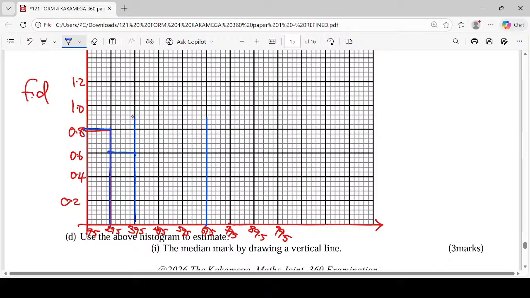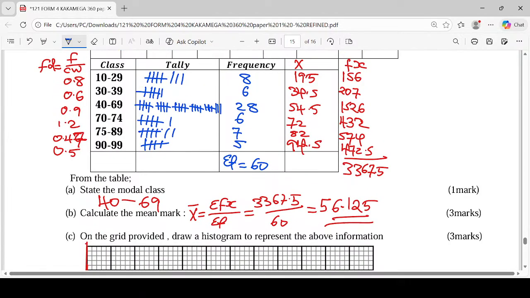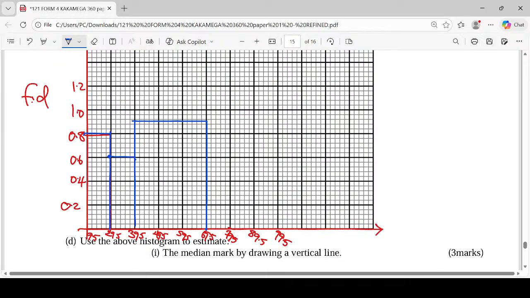Like this. Then we're done with 69. 70 to 74.5.